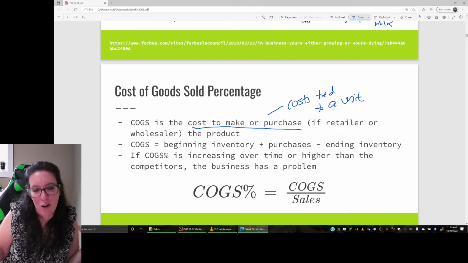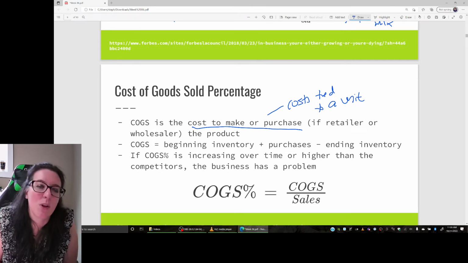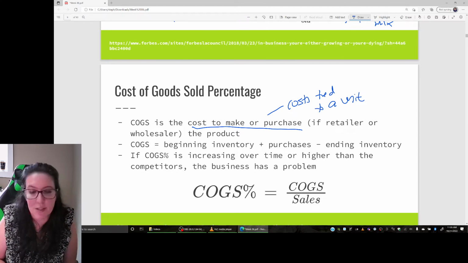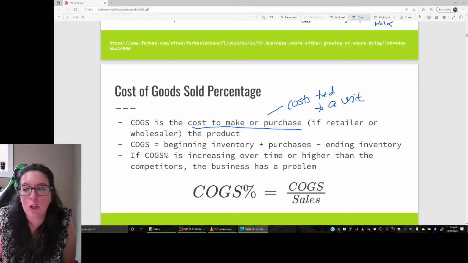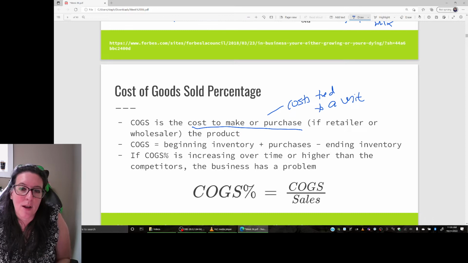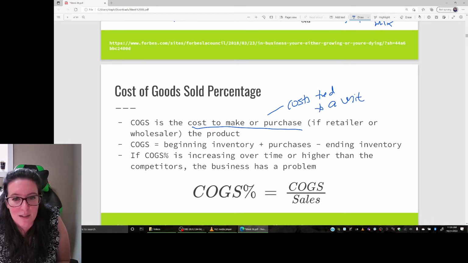We're using it across multiple units. And so the cost of goods sold is specific cost tied to a particular unit that we're producing. You could look at your cost of goods sold in terms of your inventory that's changing over time if you are simply purchasing the products.